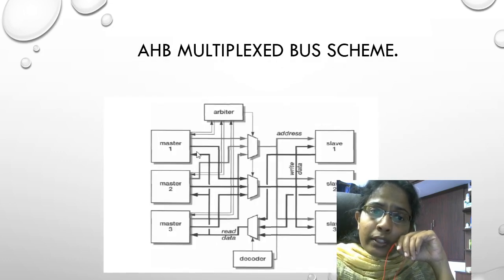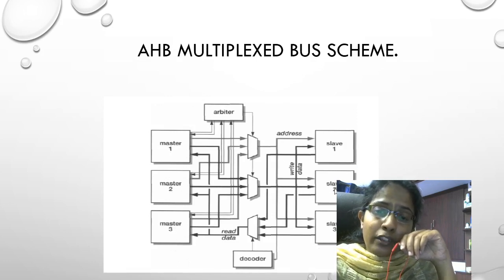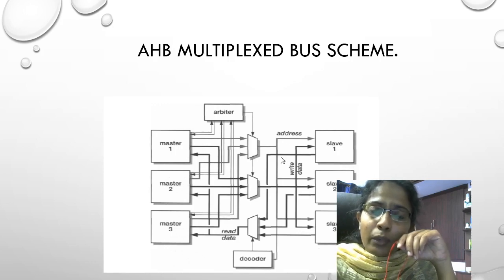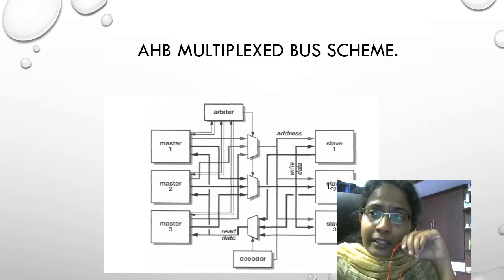And if you have many masters, 1, 2, 3, and many slaves, slave 1, 2, 3, this is how the connection is done. No need to draw all this, I have given this diagram just for understanding the purpose. Why? Because next we are going to see the various bus transfers, and at that time you have to know who is a master and who is a slave.